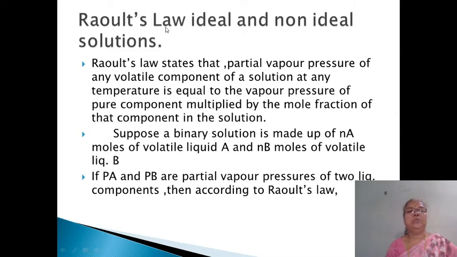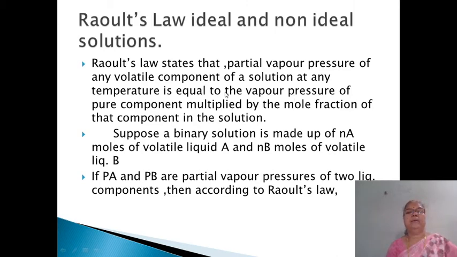Here, Raoult's law, ideal and non-ideal solutions. So, I will explain to you at first what is Raoult's law. Here, Raoult's law states that partial vapor pressure of any volatile component of a solution at any temperature is equal to the vapor pressure of pure component multiplied by the mole fraction of that component in the solution.